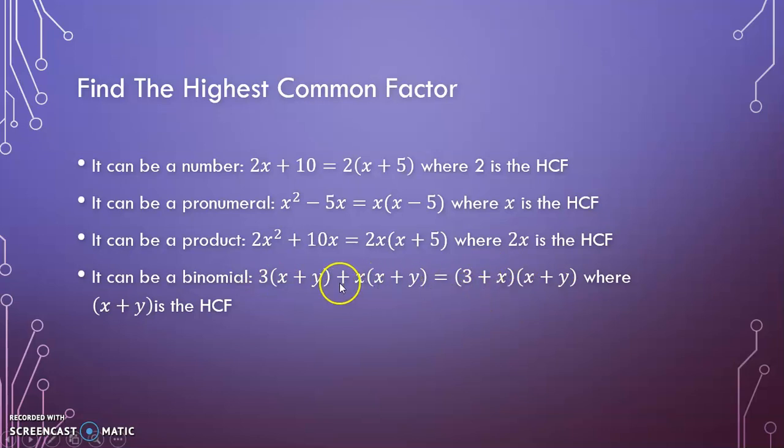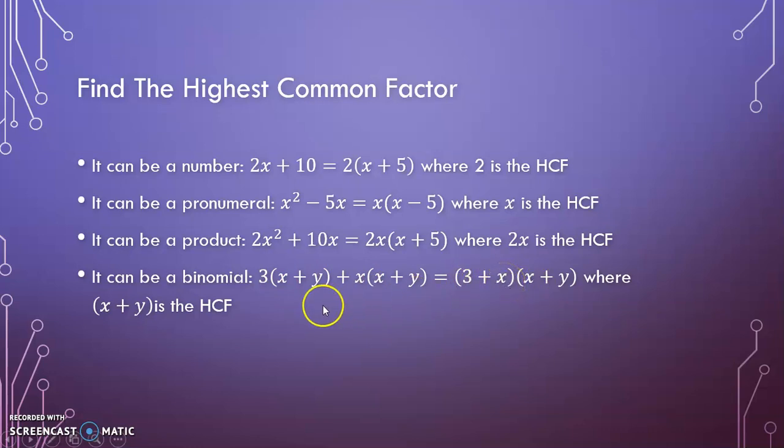Because it's a binomial, we have to keep the bracket on. Maybe it does not look like we have taken the factor out, but it is out because x plus y is no longer attached to 3 and x individually. They are now outside the bracket, away from the 3 plus x.